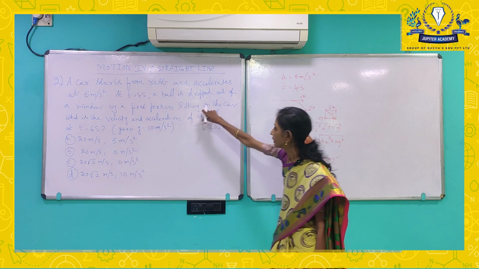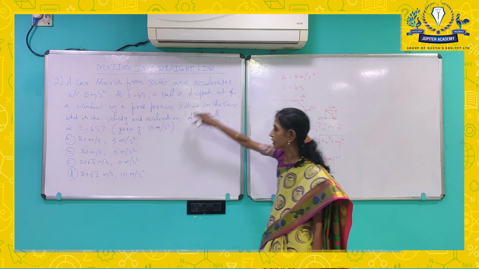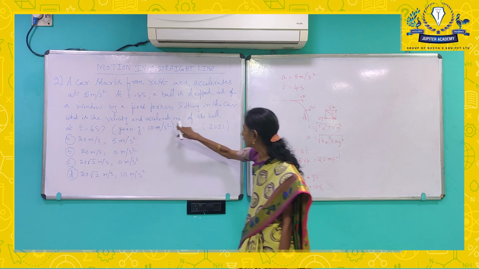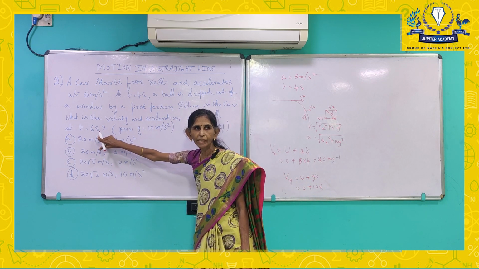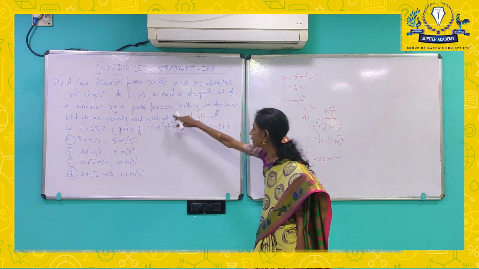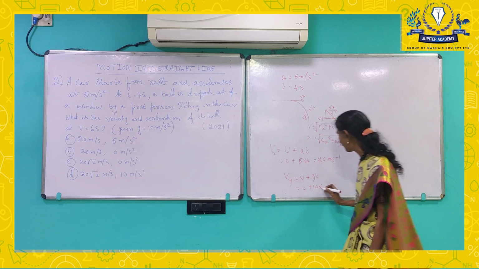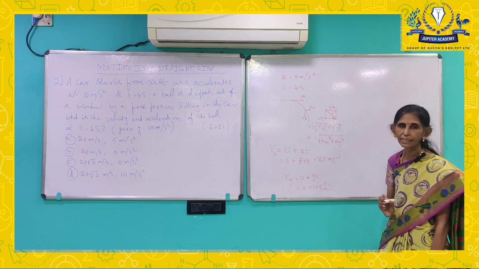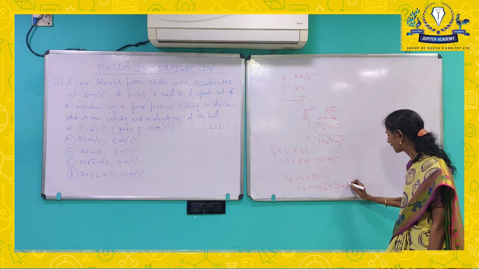Note here that the ball is dropped at t equal to 4 seconds, and they are asking you to calculate the velocity at time t equal to 6 seconds. So the difference of time is 2 seconds. So t is to be substituted as 2 seconds here. So Vy is 20 meter per second.